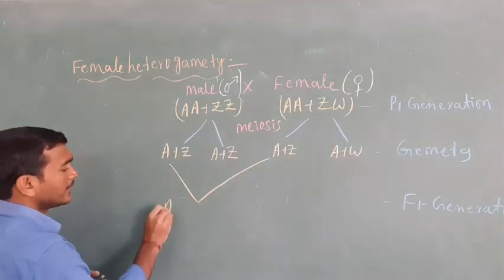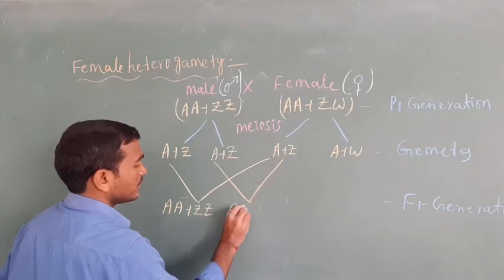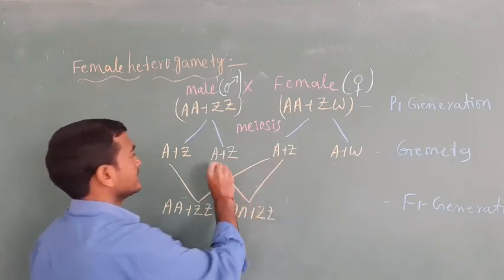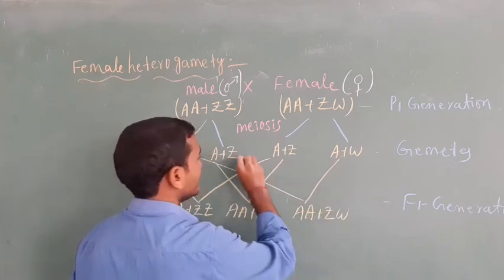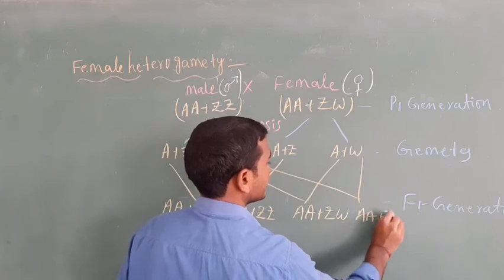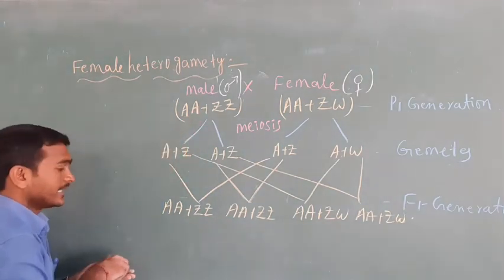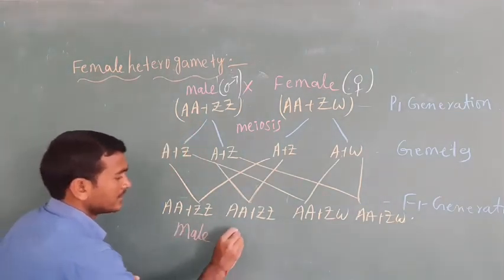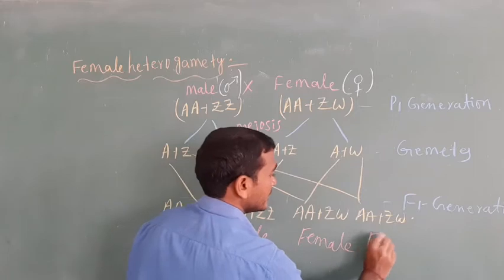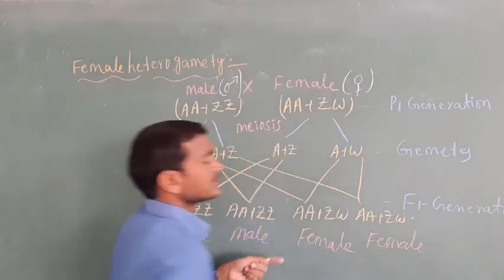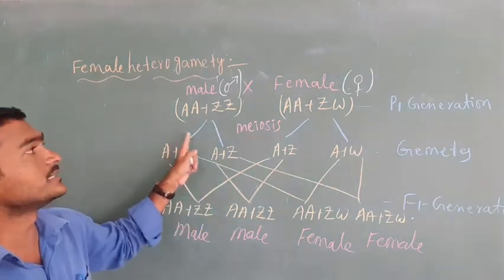You are combining gametes: autosomes plus Z with autosomes plus Z gives autosomes plus ZZ. Similarly autosomes plus Z with autosomes plus W gives autosomes plus ZW. So autosomes plus ZZ is the indication of male, and autosomes plus ZW is the indication of female. That is the general phenomenon in female heterogamety in the ZZ, ZW method.